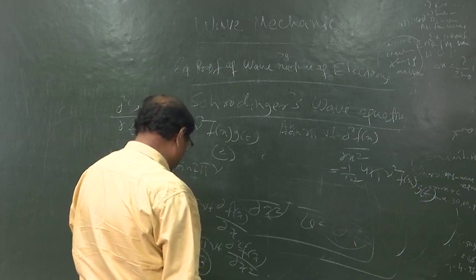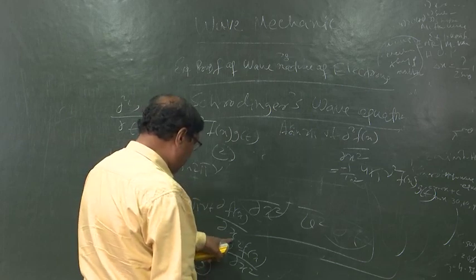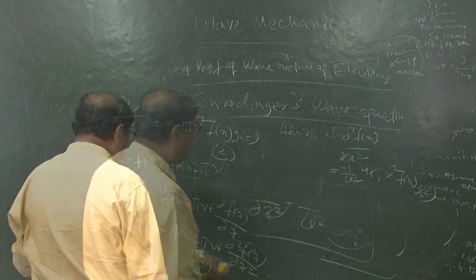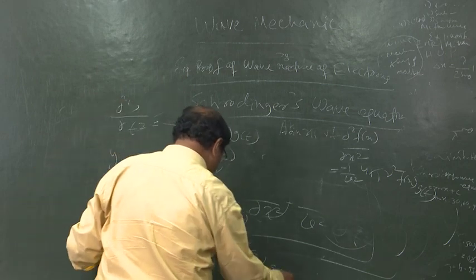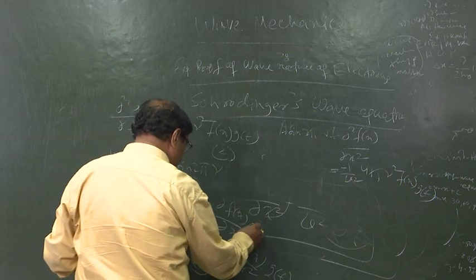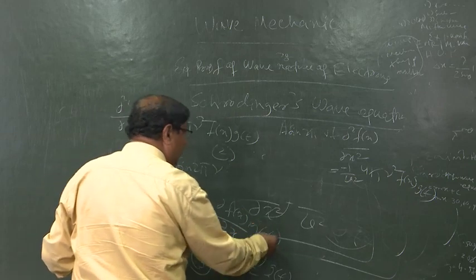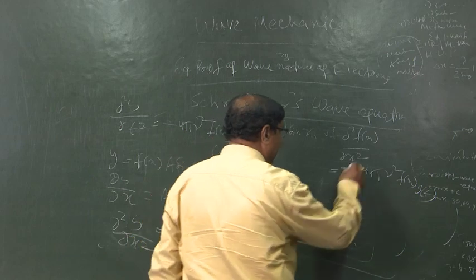We have left one thing: g(t) is kept constant. We have forgotten here, g(t) is also constant here. So here it is also g(t).